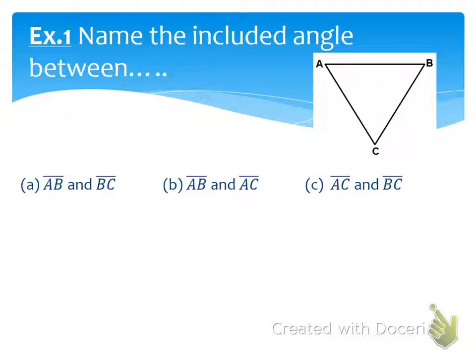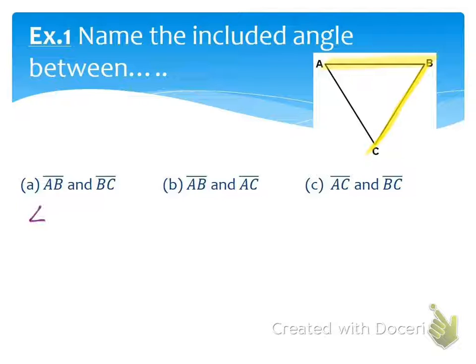So we are asked to name the included angle between the given sides. If it helps for you to highlight or mark the sides that they're talking about, you can do that. I'll use a highlighter because I can easily erase mine. If you want to just trace over them, that's fine. So what angle is included between sides AB and BC?